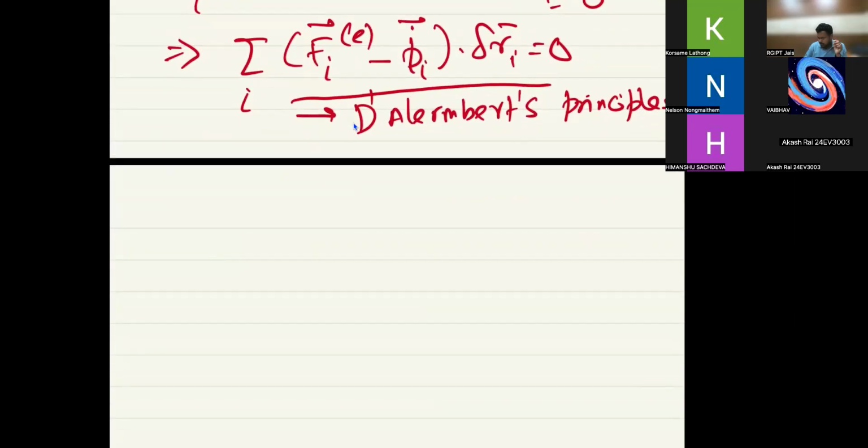From this D'Alembert's principle, we'll derive Lagrange's equation of motion.